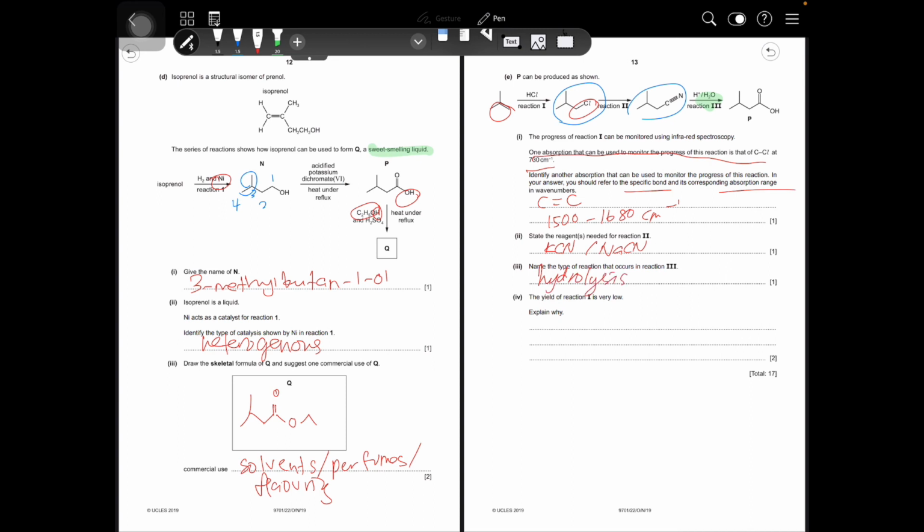So the yield of reaction 1 is very low. Explain why. As you can see here, the Cl is added onto the first carbon of your alkene. That means when you turn back to the mechanism, this reaction actually uses a primary carbocation.